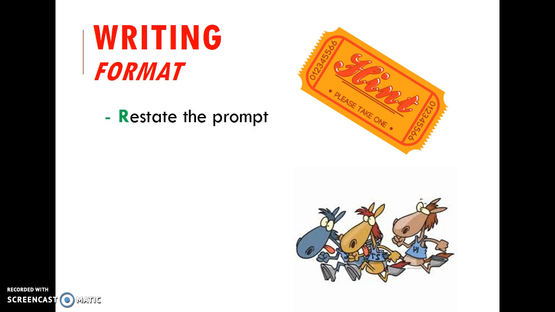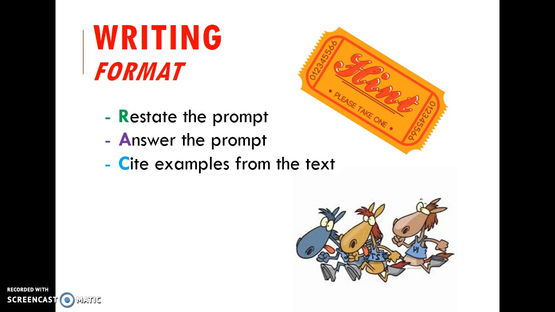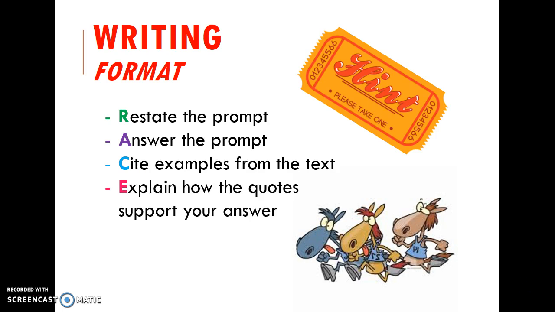Make sure that you restate the prompt in your answer, that you're addressing all parts of the question, and then answer the prompt. And this student writer had done that. Examples were cited from the text, yes, but where things start to go awry is in the explanations. There are no transitional words moving from the student's answer into the citations, and then from citations into explanations.